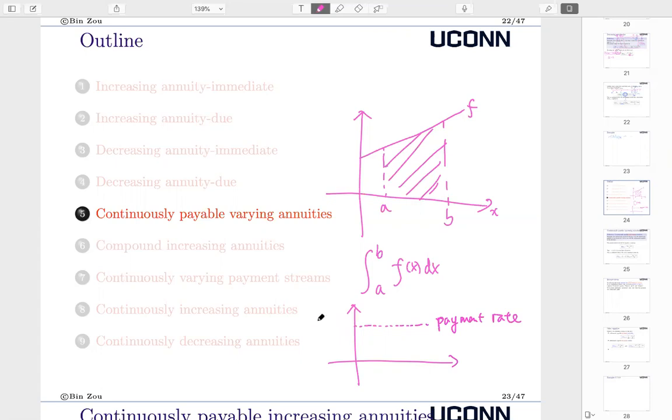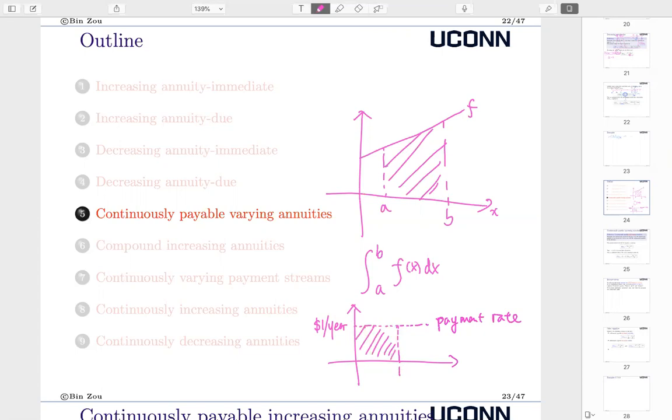So it should be $1 per year. So what it means, this is a rate function. This is not a payment function, okay? So in order to know the amount you will receive, then you need to multiply by how many years. So if you need 1 year, okay, then this area gives you the amount that is $1, right?